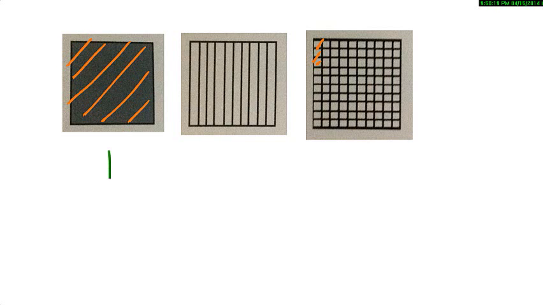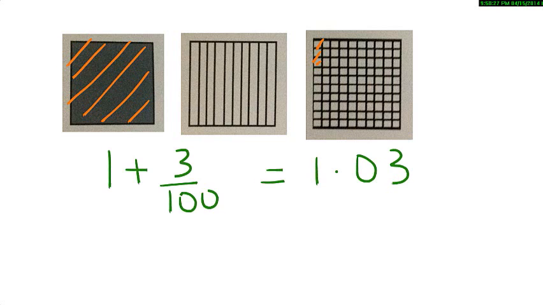Does this model represent 1 plus 3 by 100, which is nothing but 1.03? Remember, if the 10 by 1 grid is not shaded, then the place after the decimal point is represented by 0.